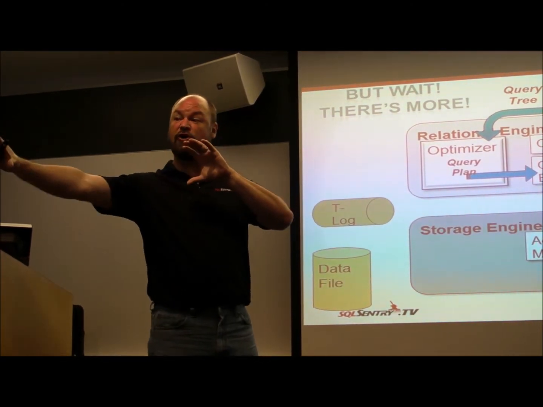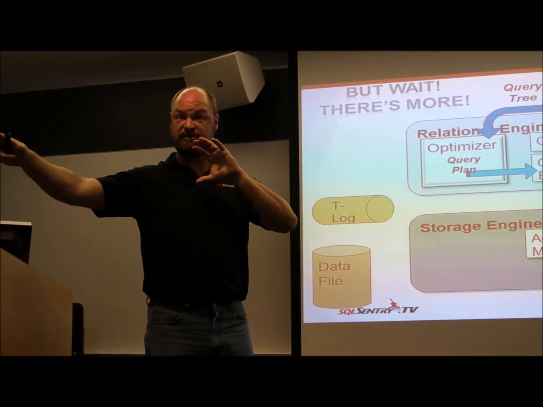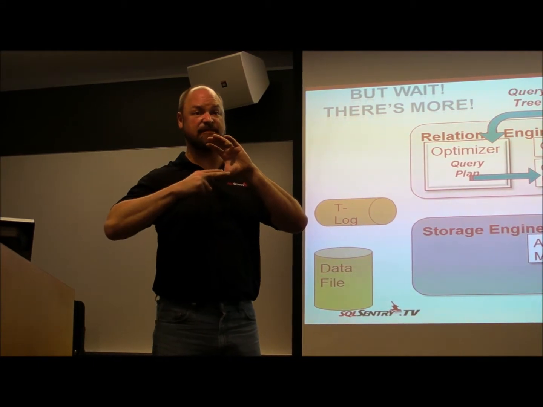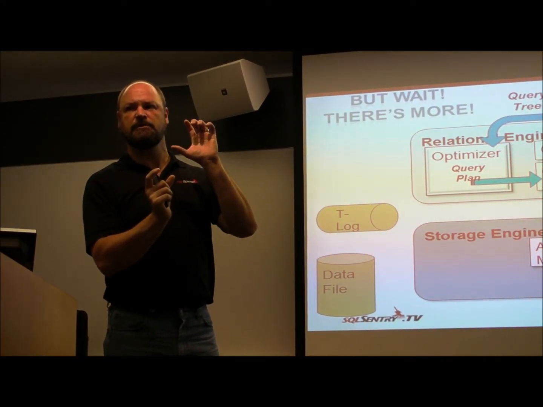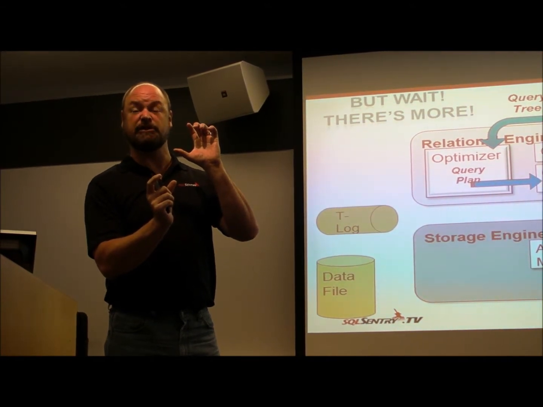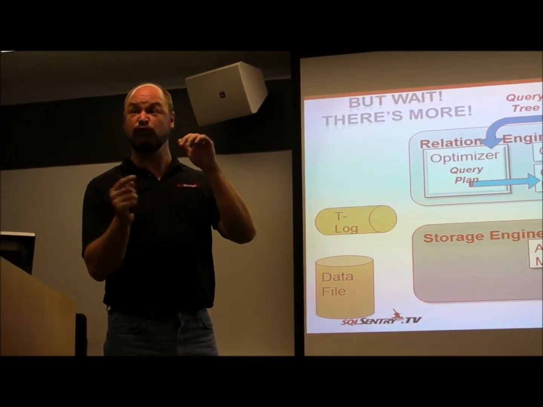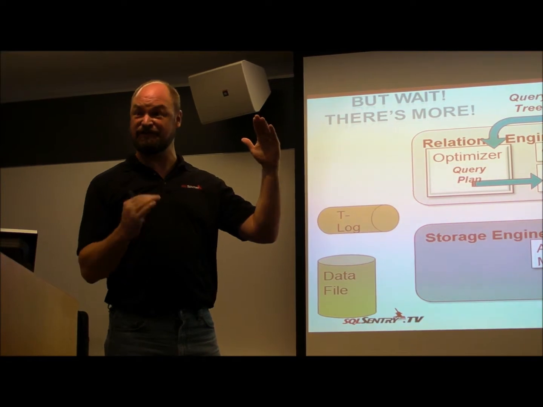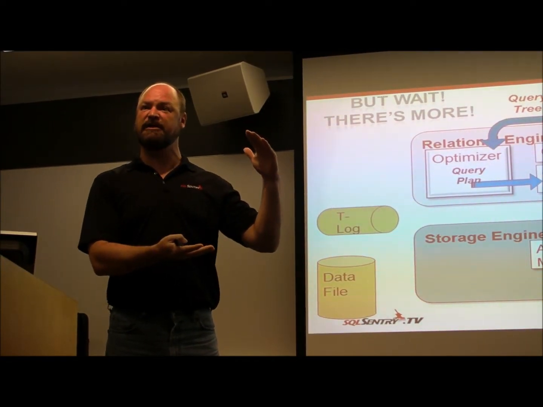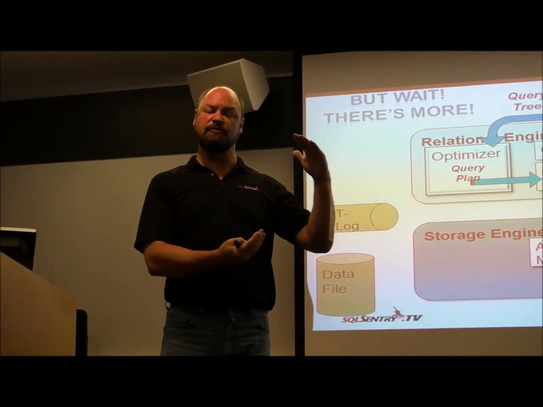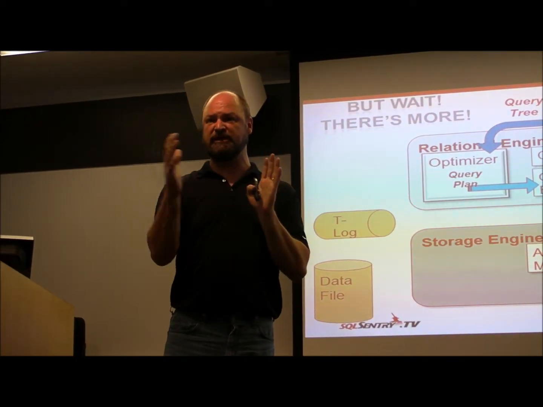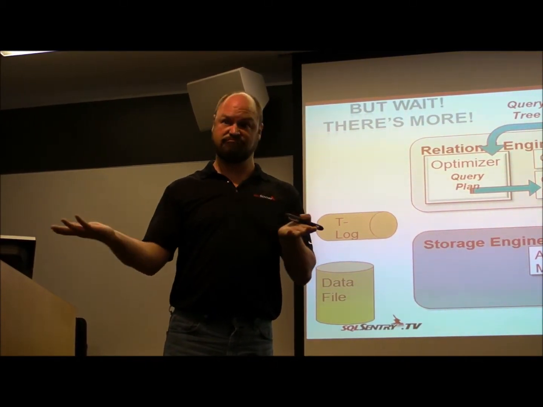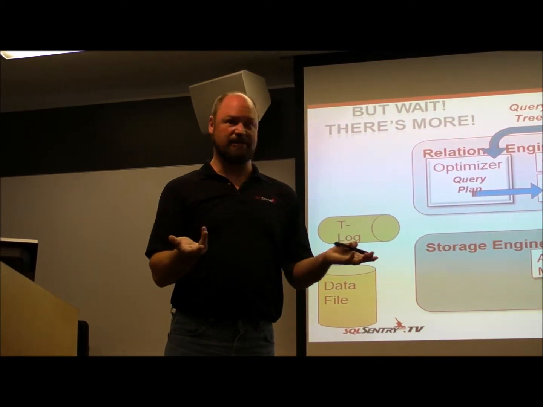So now I have to include all of the operations, the execution plan of that select statement. And what if I have a unique index on that table? How do I ensure something is unique? I have to read the table to make sure that I'm not putting in a duplicate value, right? And what if I have some kind of check constraint that says that the values have to be between this range?